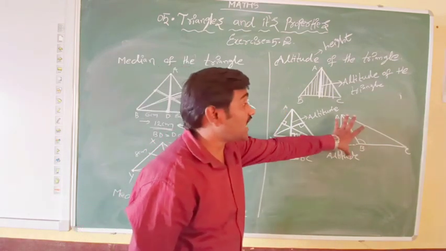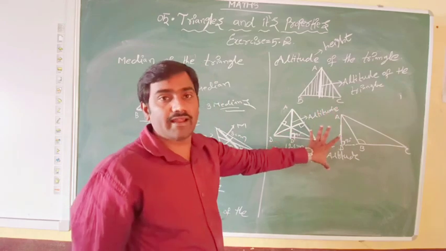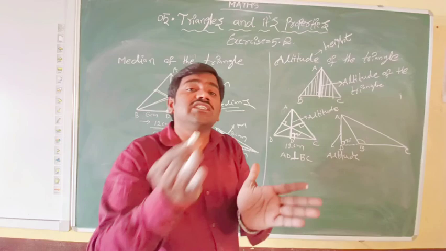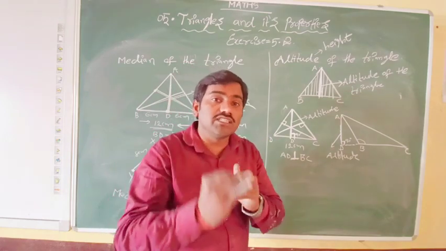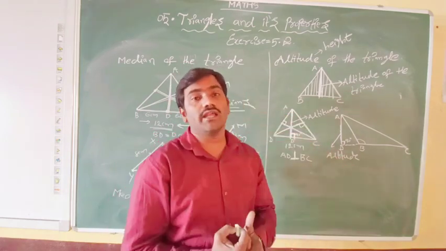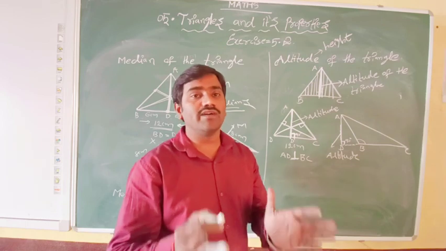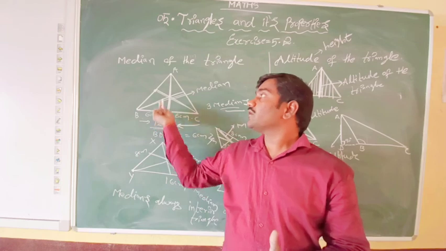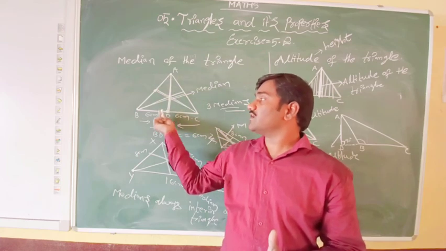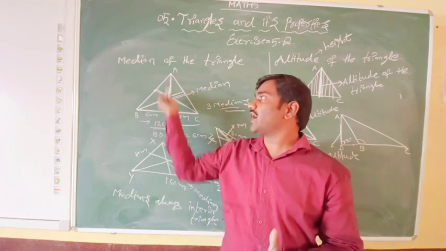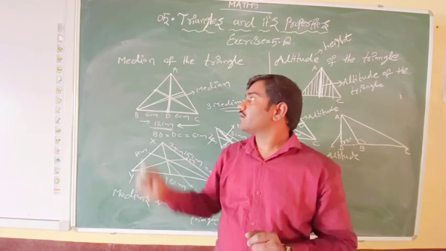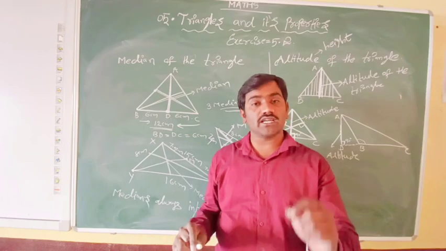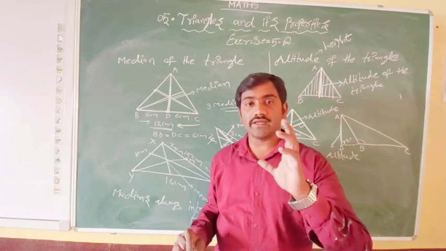So in this case, the altitude is the exterior of the triangle. So you cannot say that the altitude is always interior of the triangle. Sometimes it is exterior of the triangle also. You need to remember only one thing: a median is a line from the vertex to the opposite side, exactly at the middle place. From the vertex to the opposite side, exactly the middle place, if you draw a line segment, it is known as a median.